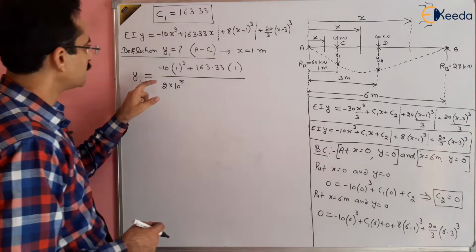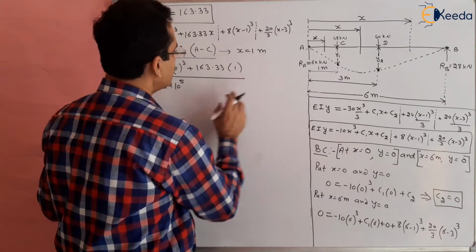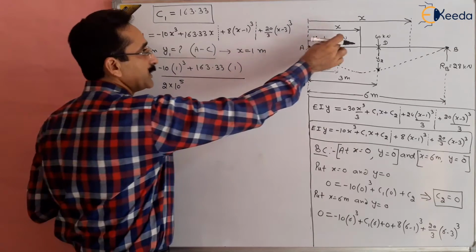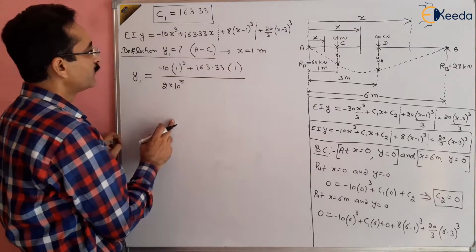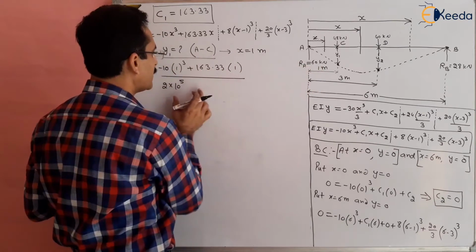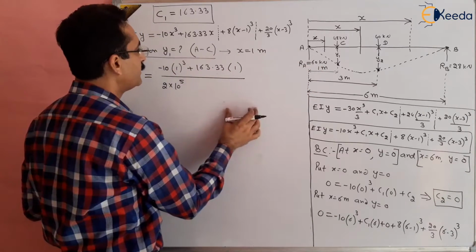So we can multiply it by 1000 to convert the kilonewton, and the meter can also be multiplied by 1000 so that it becomes millimeter, right?